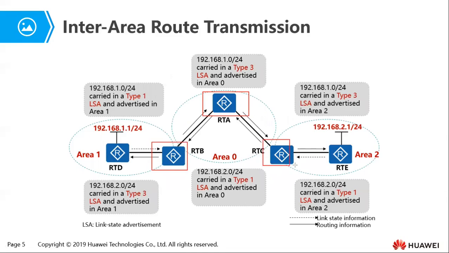It's also connected to RTC, which is an ABR. So if RTA wants to reach this network, how does it do that particular calculation in area 0?